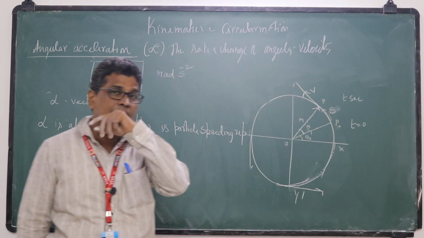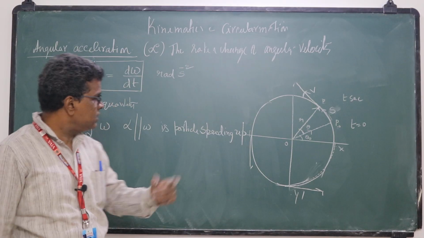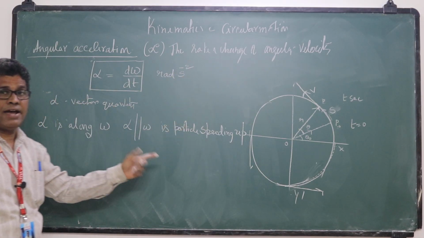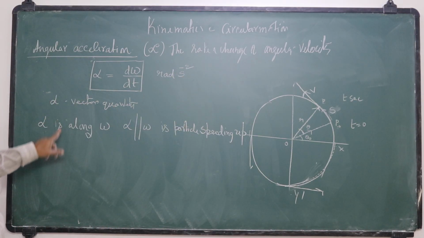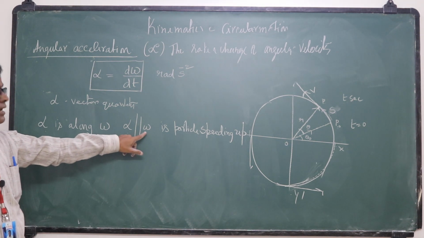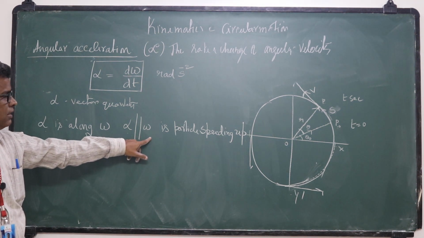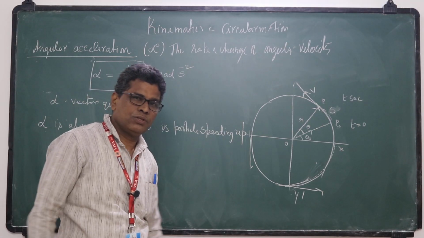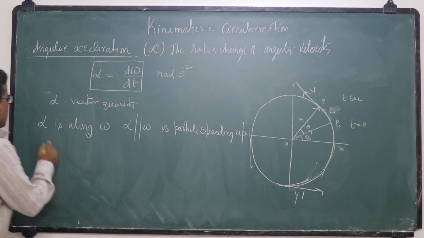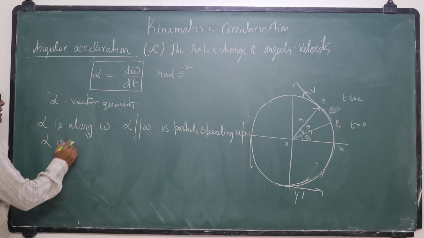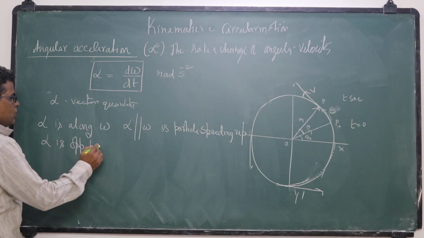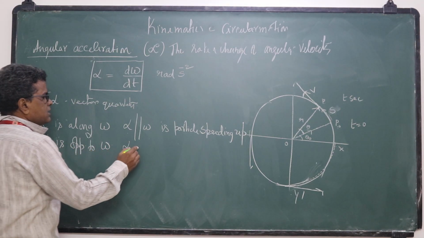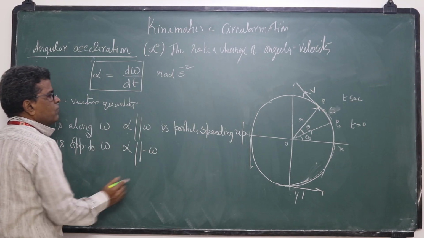As angular speed increases, this change in angular speed gives angular acceleration. That angular acceleration is also along the direction of omega. If it is slowing down, then alpha is opposite to omega. That is, alpha is anti-parallel to omega.